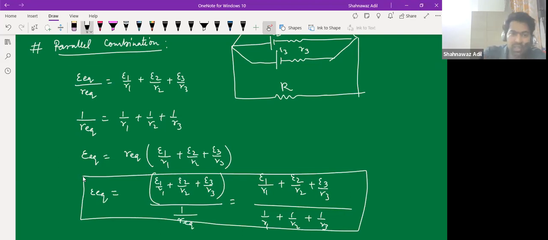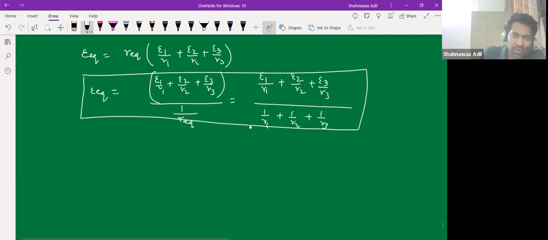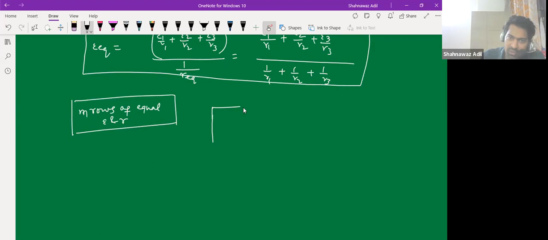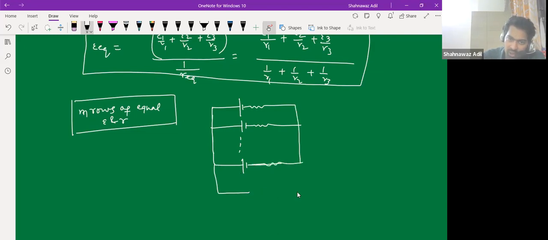And similarly, if we have n rows of equal EMF, up to this one, and then this is connected to the external resistance.